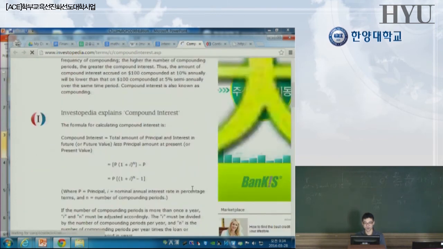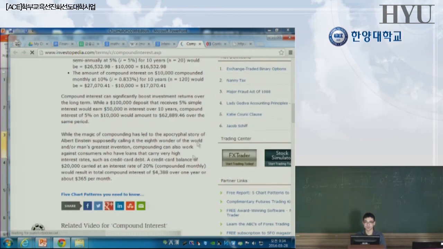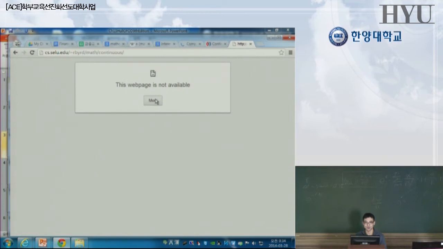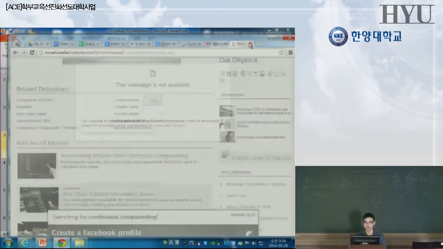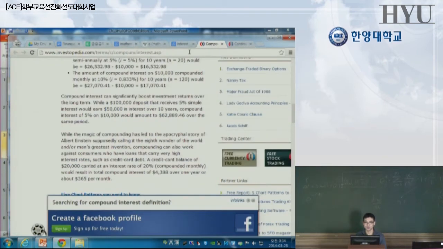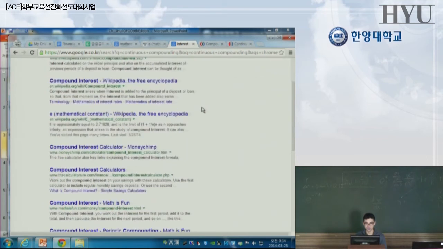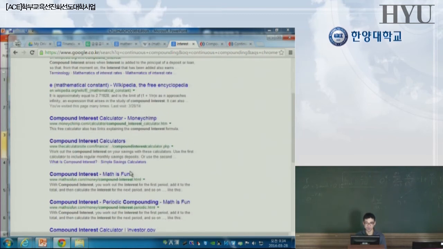Compound interest. No. Why there is no compound? Math is fun.